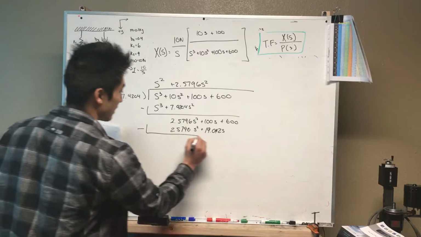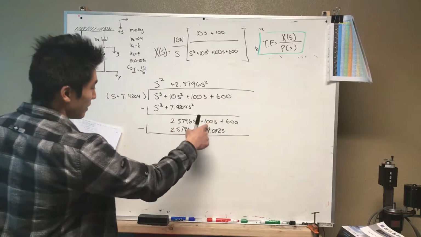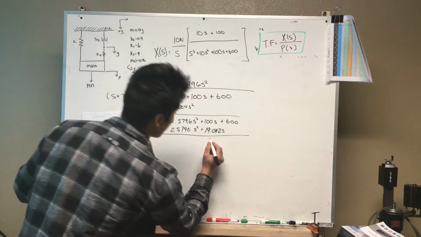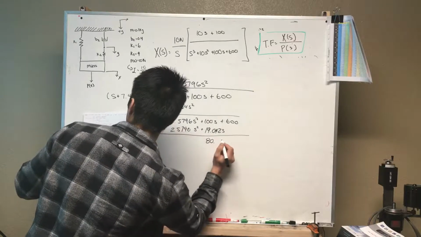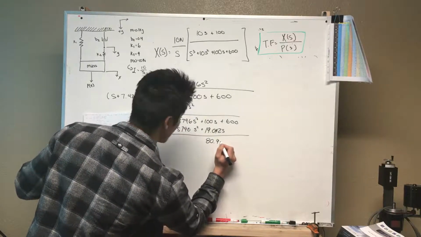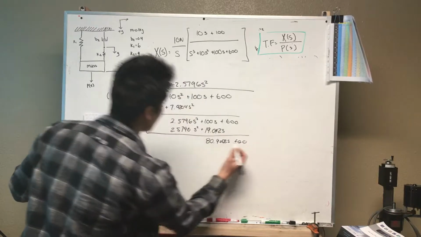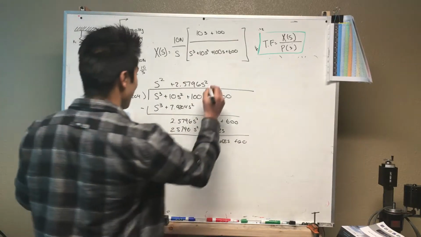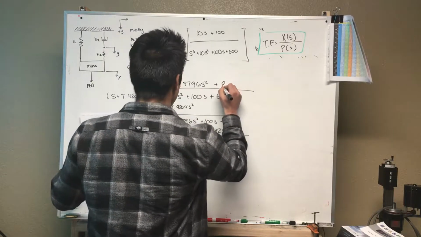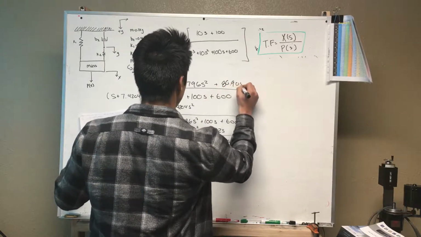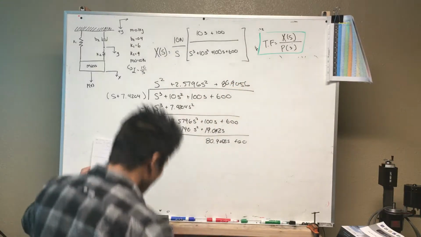Then we're going to subtract that again. That would go away, and then this will become 80.9058 s plus 600. And then you put the 80.9058 here, and multiply that.